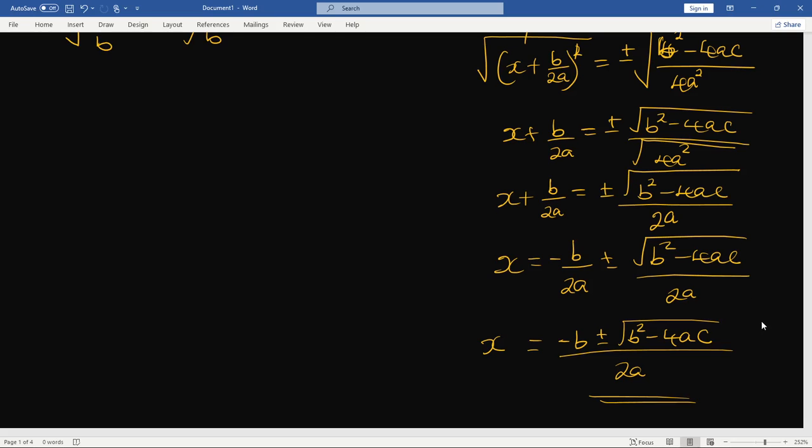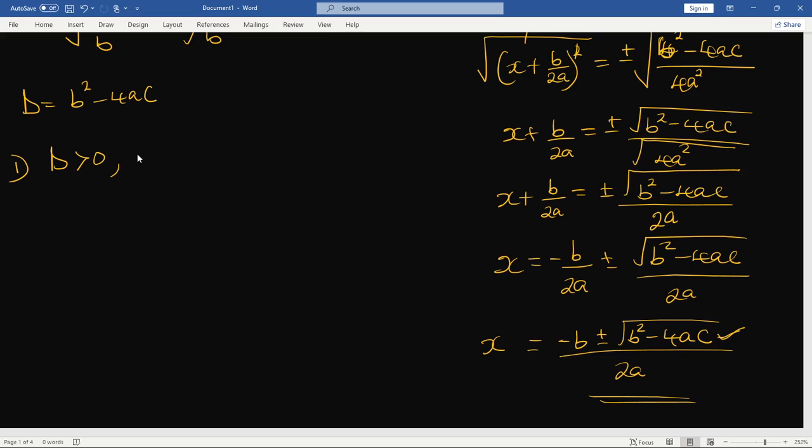Now this expression that we have under the root is what we call the discriminant. So the discriminant is simply equal to b² − 4ac. Now one, if the discriminant is greater than 0, it simply means that the quadratic equation we're solving is going to have two distinct real solutions.